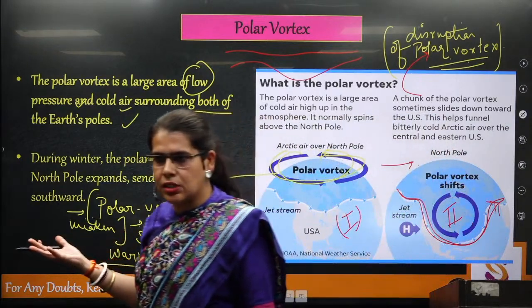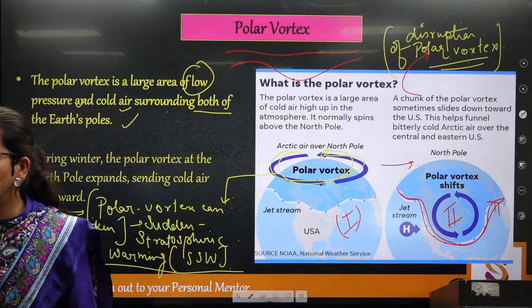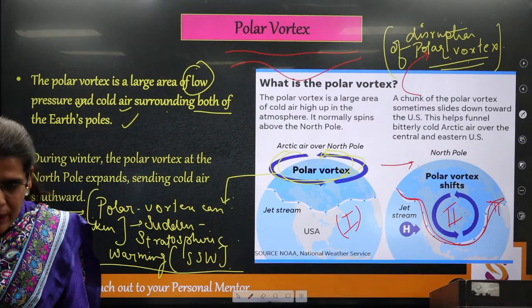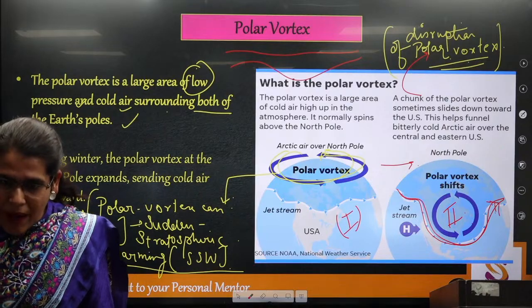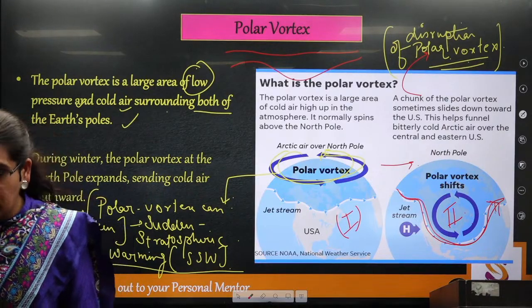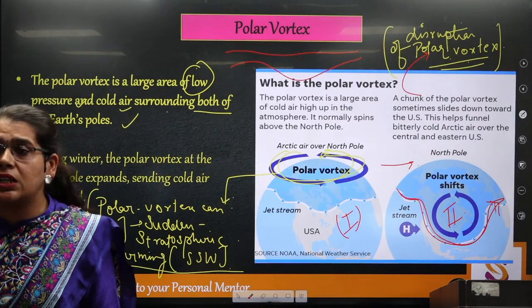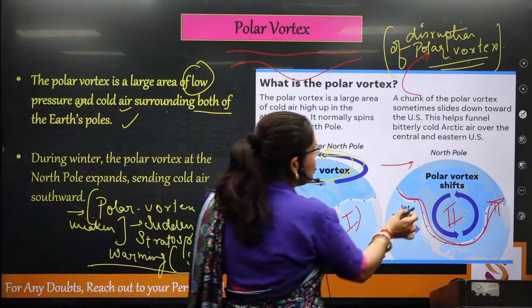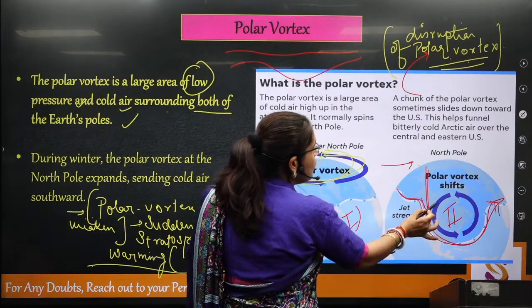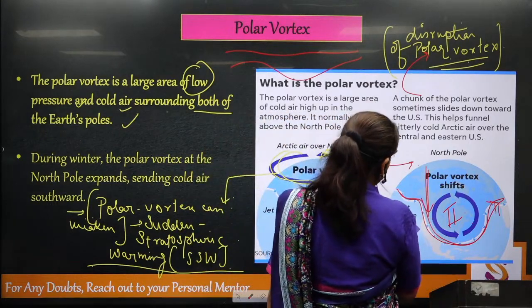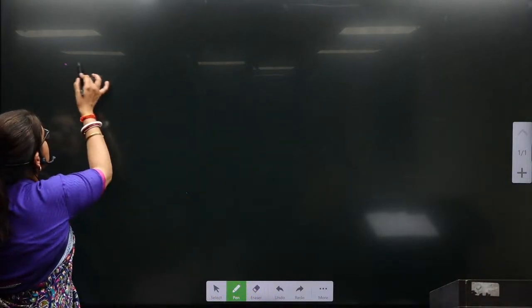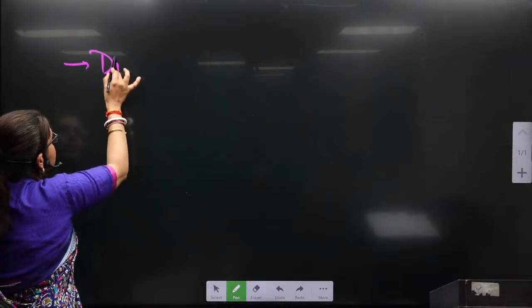Wherever this polar vortex expands, the cold air would expand as well. This expansion can result in extreme cold conditions sustained over multiple days. Now we have to pay attention to what happens next: this polar vortex shift, the disruption of the polar vortex.